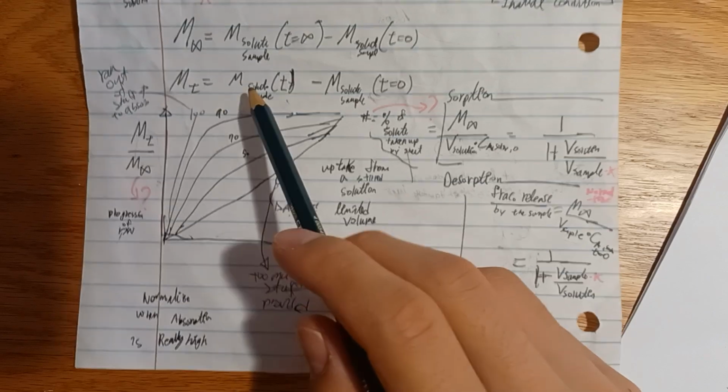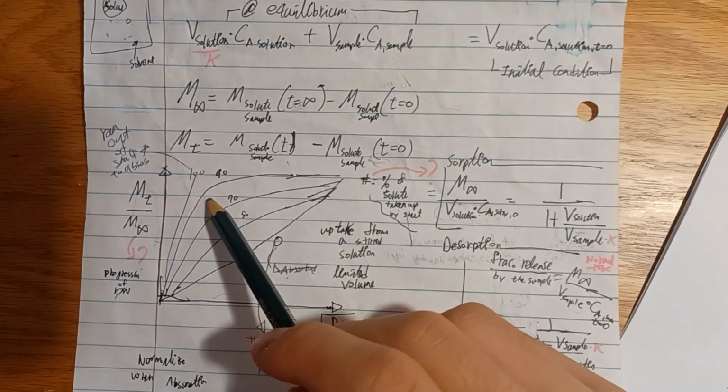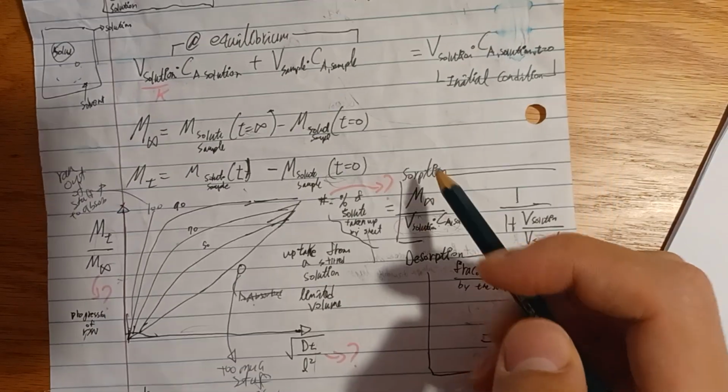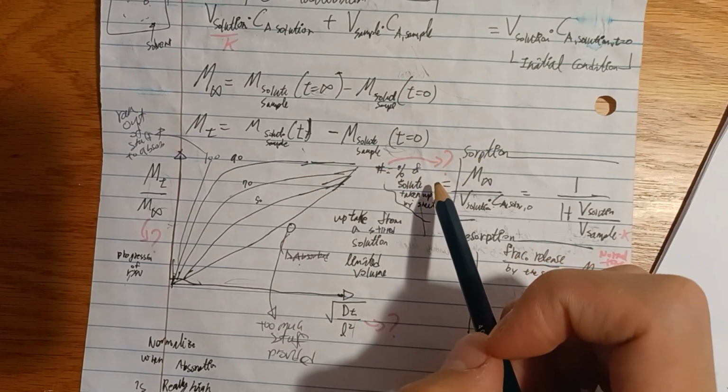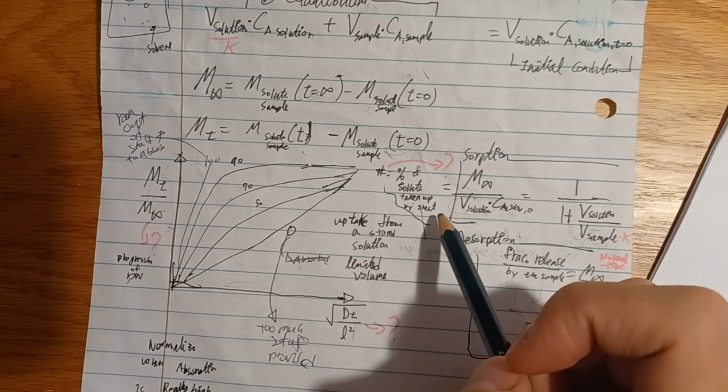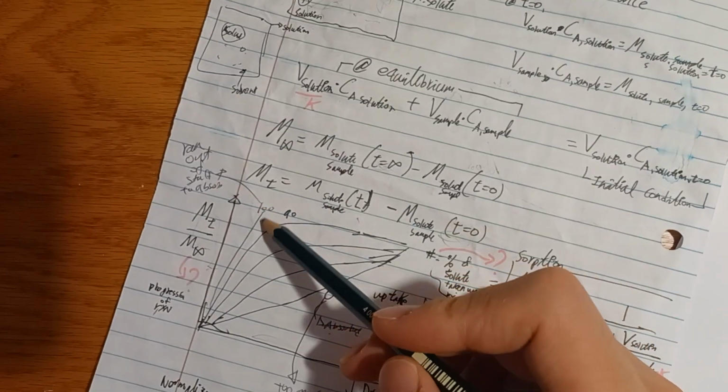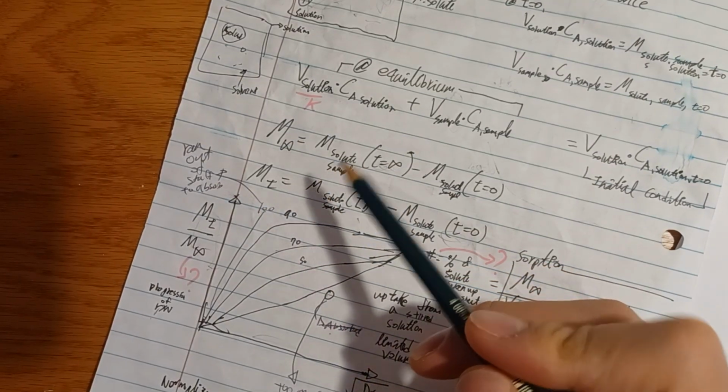And on the other hand, when it's 100%, that means 100% of the solute is taken up by the sheet, or the sample. So it basically ran out of stuff to absorb in the system.